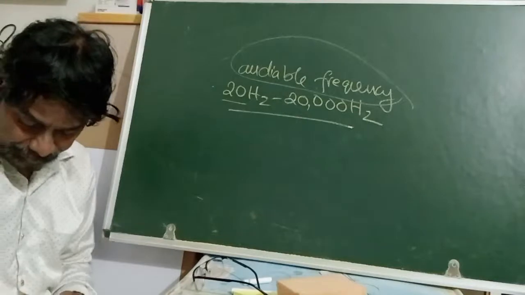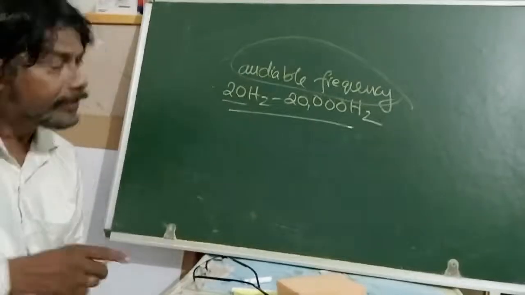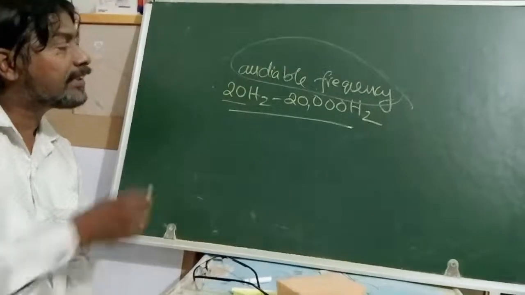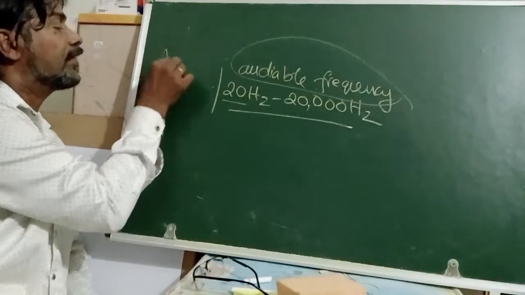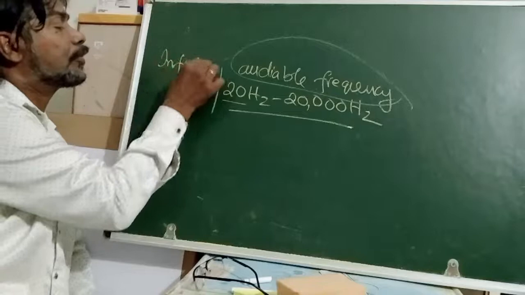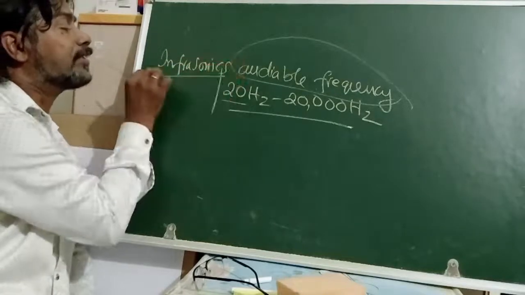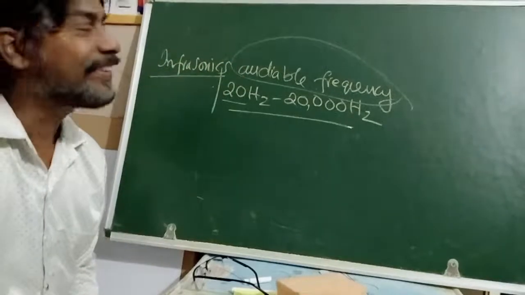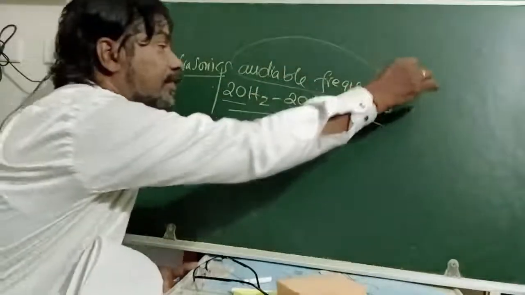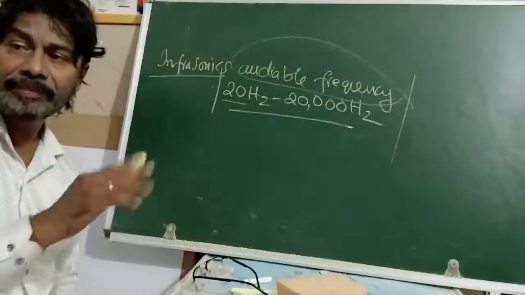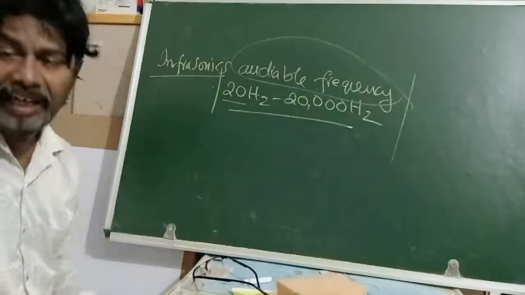So the frequency which is less than 20 hertz is called infrasonics. Sonic means sound, that is why the word sonic came from sound. Next, infrasonics, audible frequency and ultrasonics.